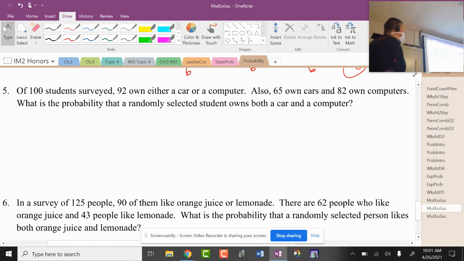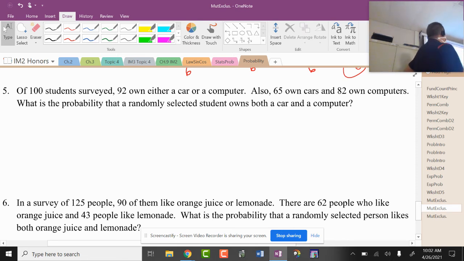But of the students surveyed, 92 either own a car or a computer, but they could own both. That's what the problem is with an or question. This or that, but you could have both, and we don't really know. So there's 92 out of 100 that at least own one or the other.